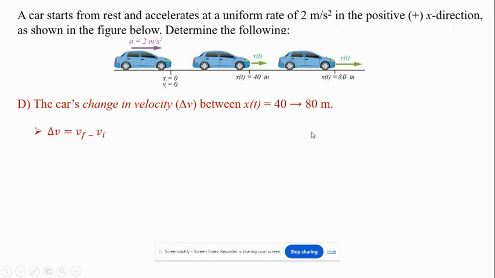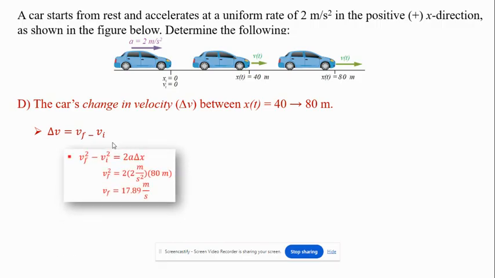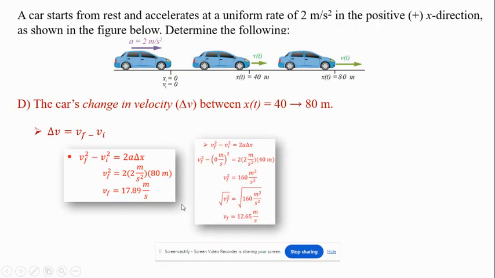All right, so to find change in velocity, I can simply write delta V is final velocity minus initial velocity. And then from here, I know my work from the previous slides, in case you didn't keep track. I found the speed at 80, which is 17.89. And then I found the speed at 40, which is 12.65.